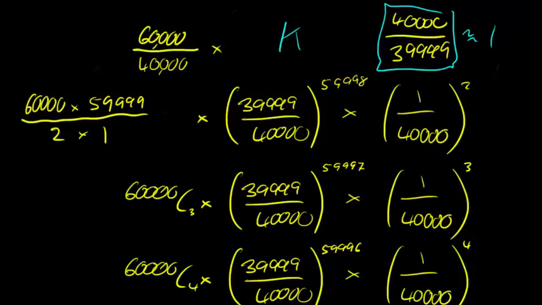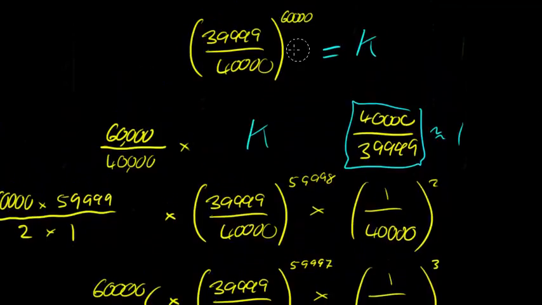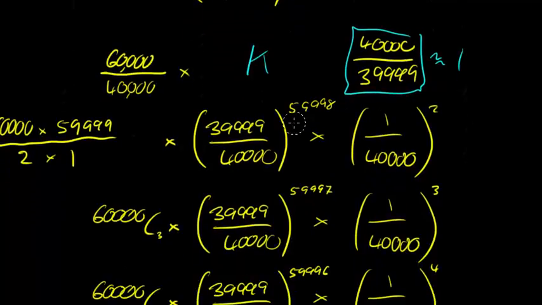This number here, 39,999 over 40,000, well, that number, again, I can link into this original value of k. Because to get from here to this one, if I divide it by 39,999 squared, and then times it by 40,000 squared, then actually I'll drag it down a further 2.